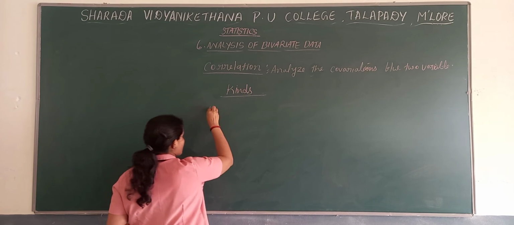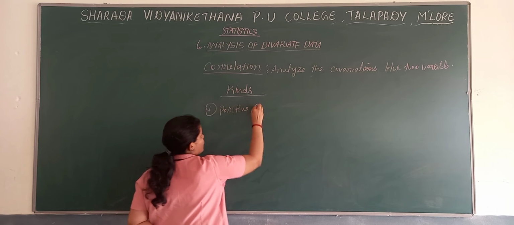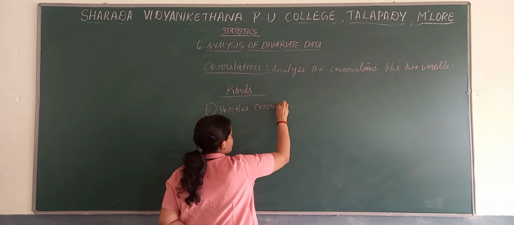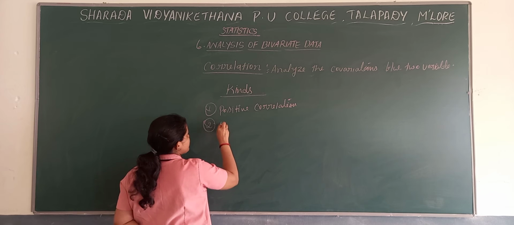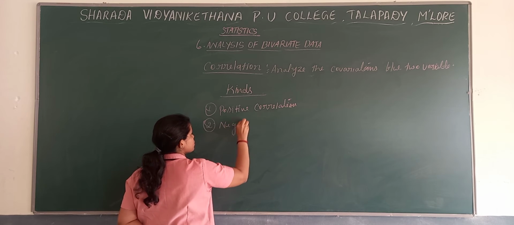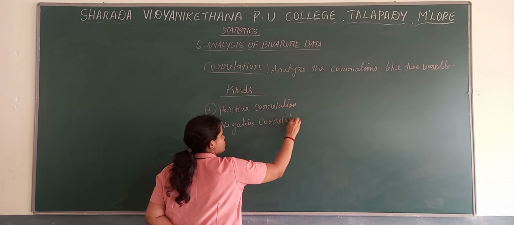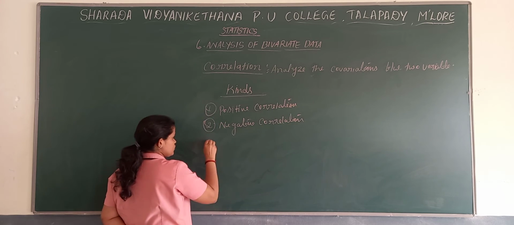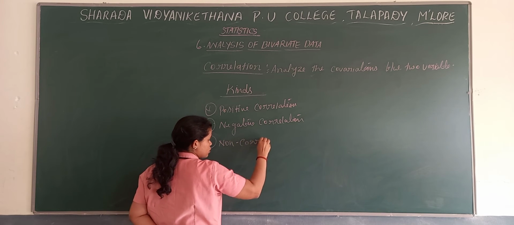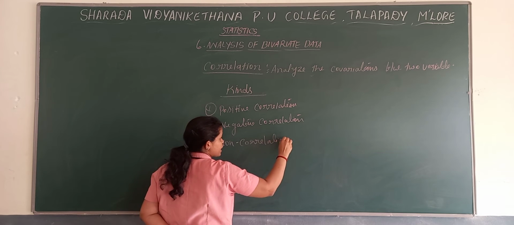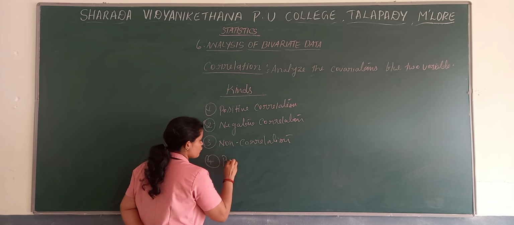Firstly, positive correlation, then negative correlation, third one non-correlation or no correlation, and fourth one, perfect correlation.